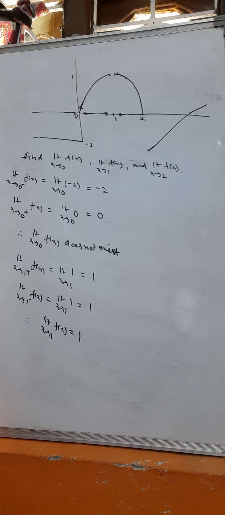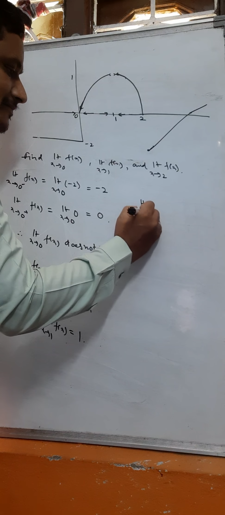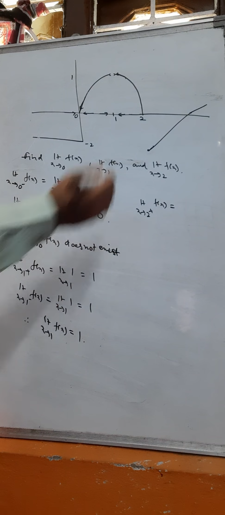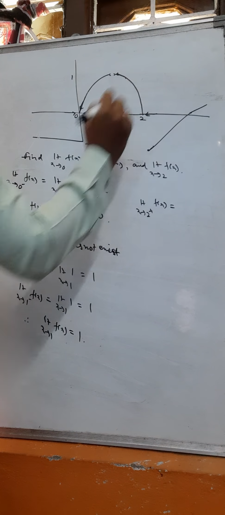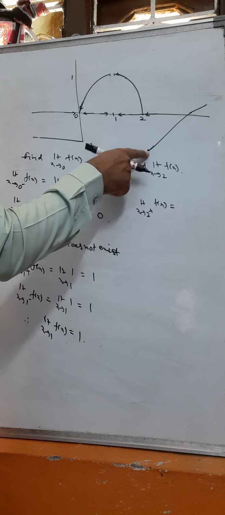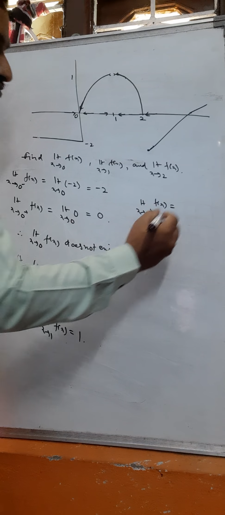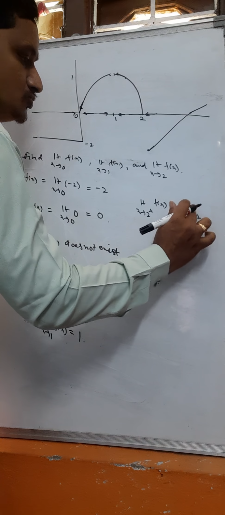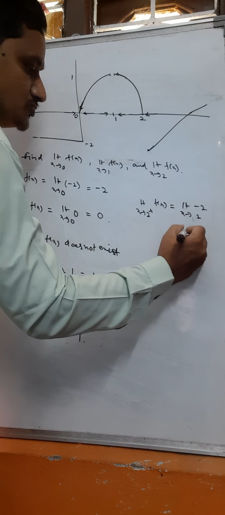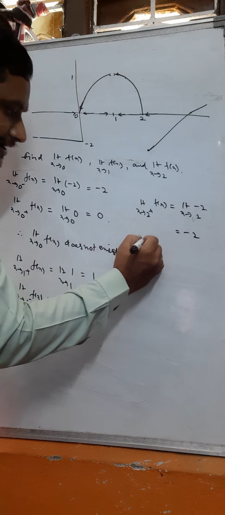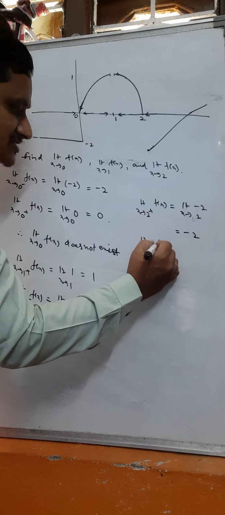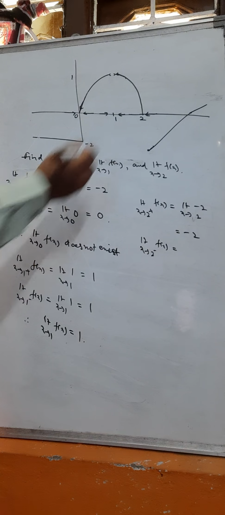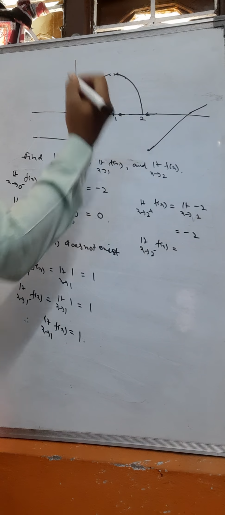Next let me see limit x tends to 2. Limit x tends to 2 plus f of x. 2 plus means more than 2. So here it approaches from the right side, and the function gives minus 2. So the answer is minus 2. And limit x tends to 2 minus f of x: x is approaching from the left side of 2, so the function gives 0.